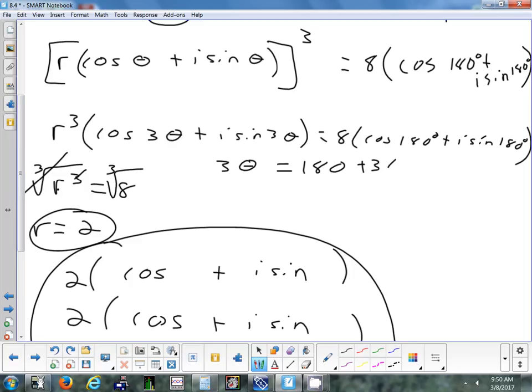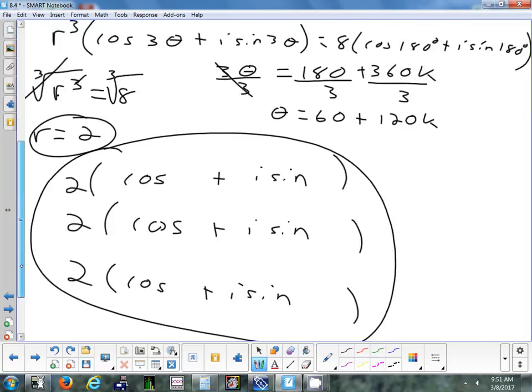Plus 360k. And now I don't want 3 theta, I want just theta. So divide by 3, make sure you divide everything by 3. What's 180 divided by 3? 60. And then 360 divided by 3? 120.